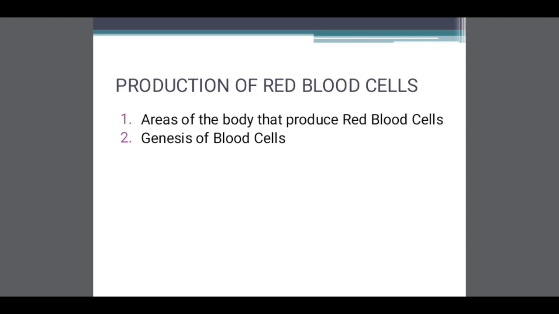That's a very important thing we must note before we look into erythropoiesis, which will be our next video. But let's look at the genesis of blood cells as a whole. I think it's very important for us to understand that before we go into erythropoiesis proper.